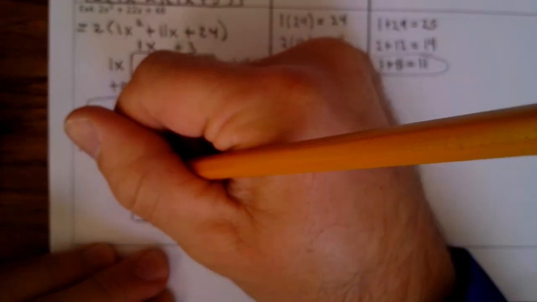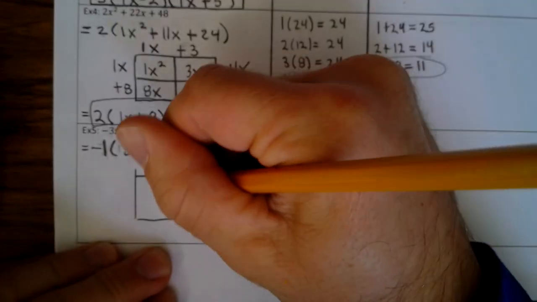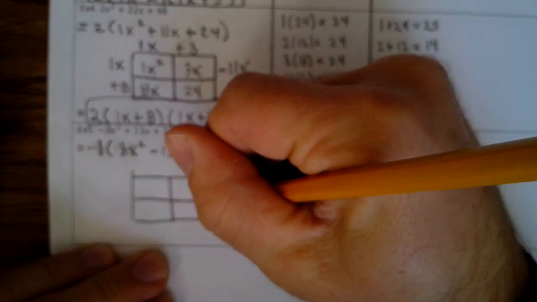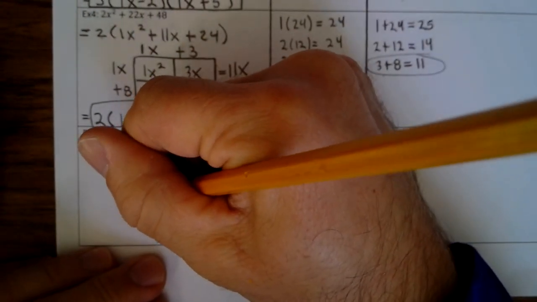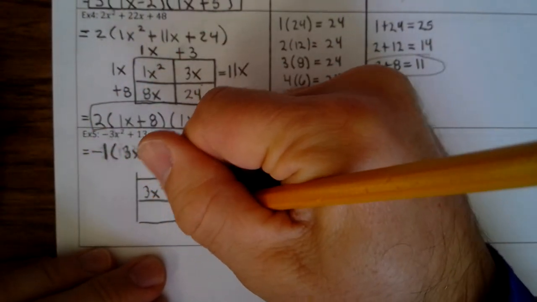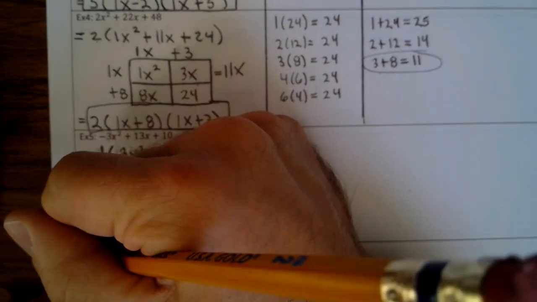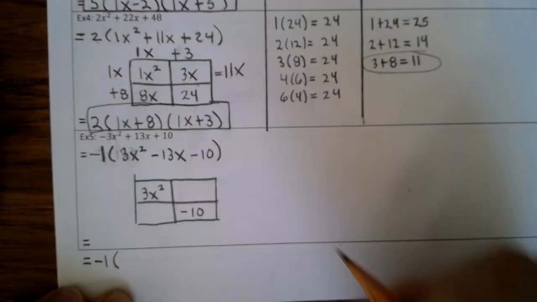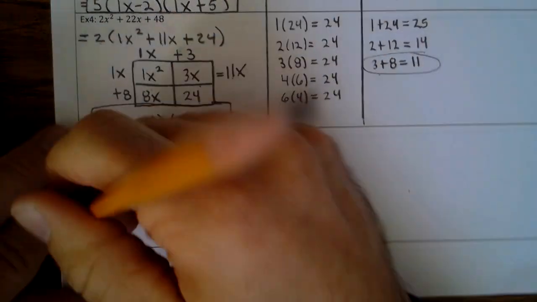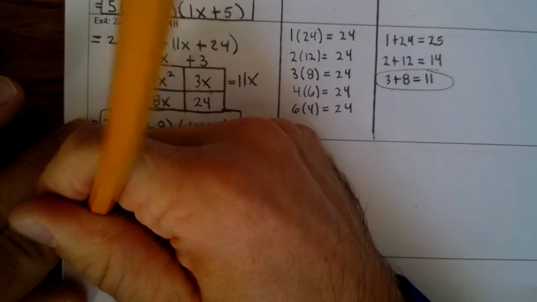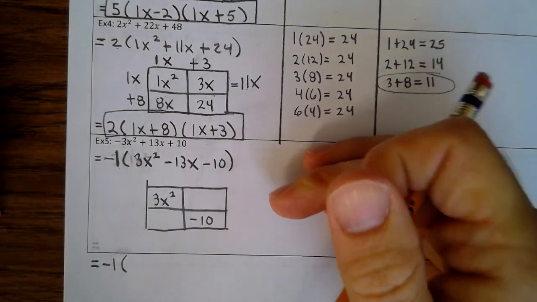So first term is 3x squared. Last term is negative 10. And remember that negative 1 will be part of our answer. So now the only combination that makes 3x is 3x and 1x.